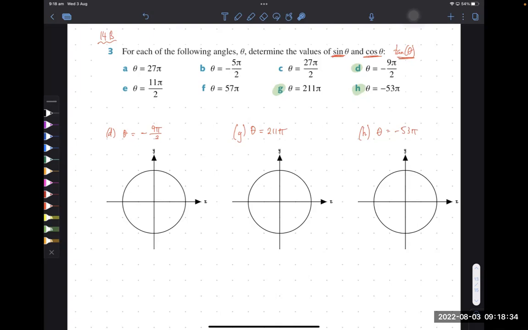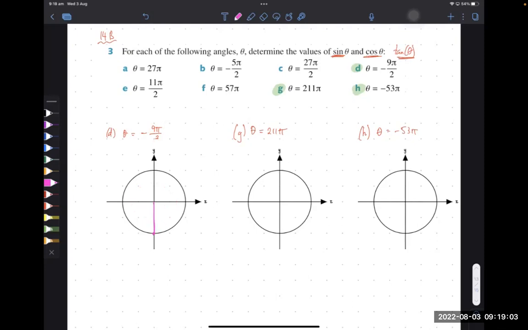Clockwise. Pi on 2, how many times? 9 times. So 1, 2, 3, 4, 5, 6, 7, 8, 9. So there's my location of negative 9 pi on 2. Does that make sense? Cool.